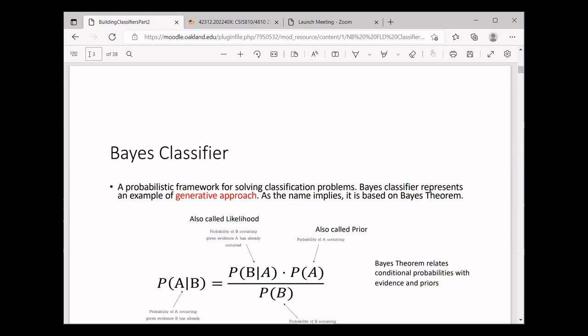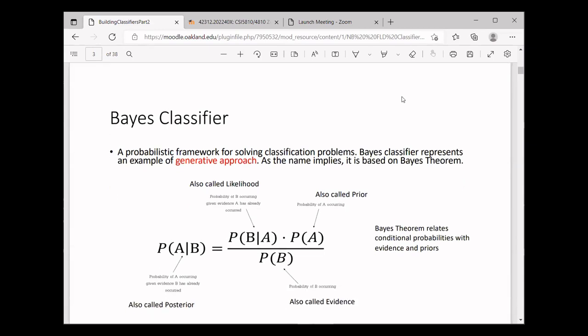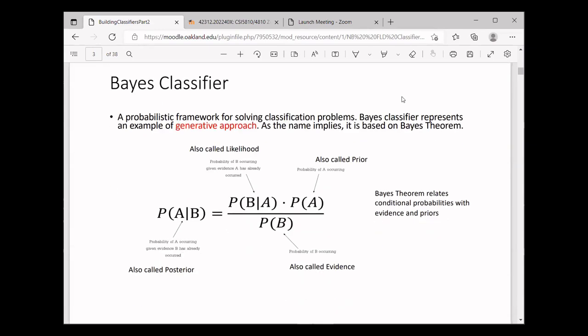So what is the Bayesian classifier and what does it depend on? Let's see. Right here. Okay. So it's a Bayes classifier which uses the probabilistic framework for solving classification problems.